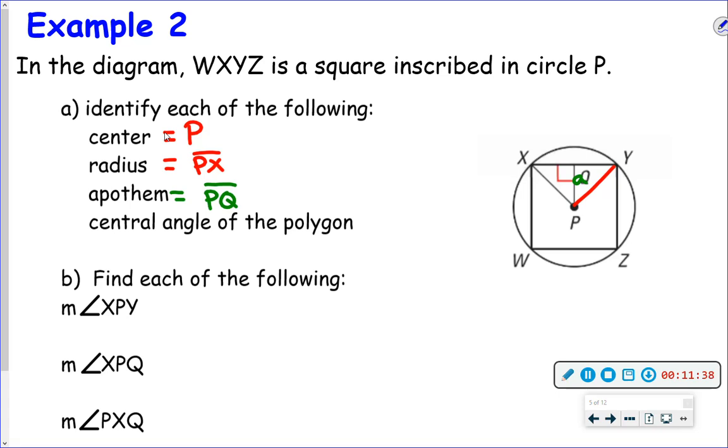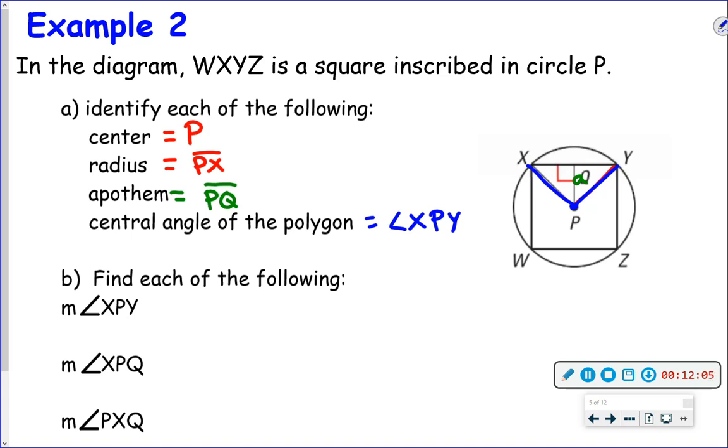Well, we've been doing central angles forever. Vertex on the center, I'm going to do it in blue, and it goes, of course, with two radii. So I'm going to name this angle XPY, YPX, however you want to do it. I didn't just use P because, is it these little angles, the whole thing? I used the 3 letters to make sure I clarified it's all 3.